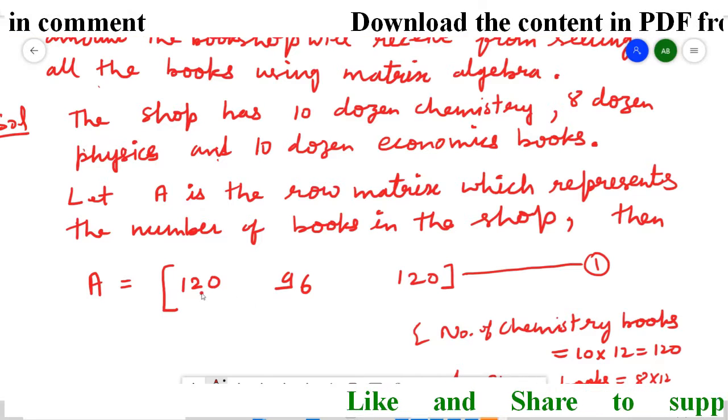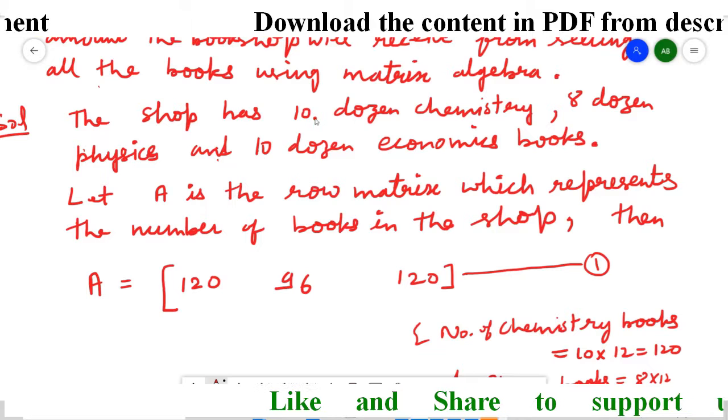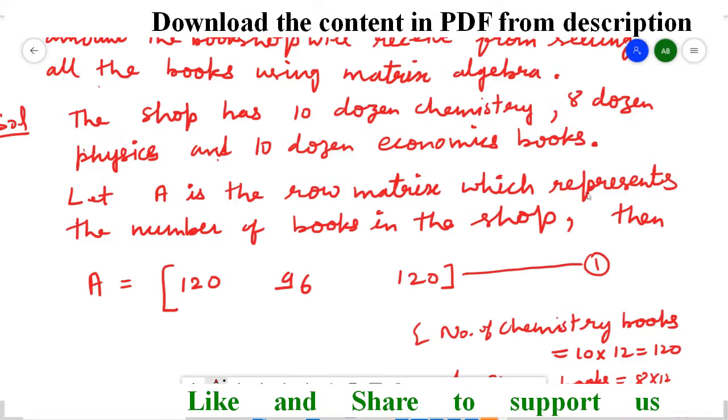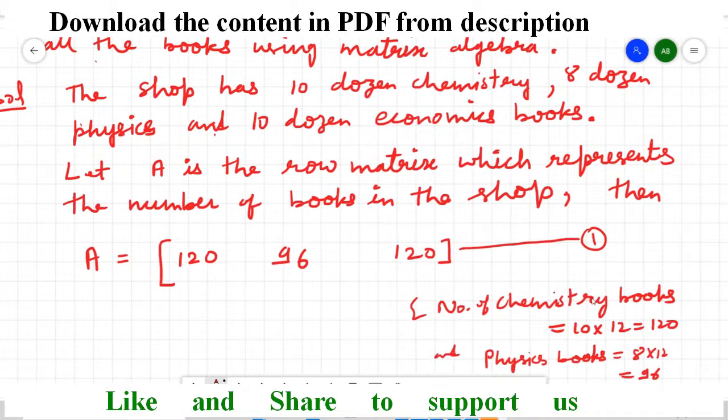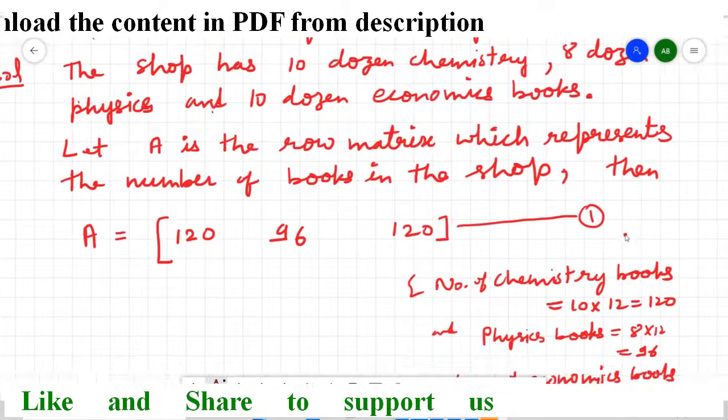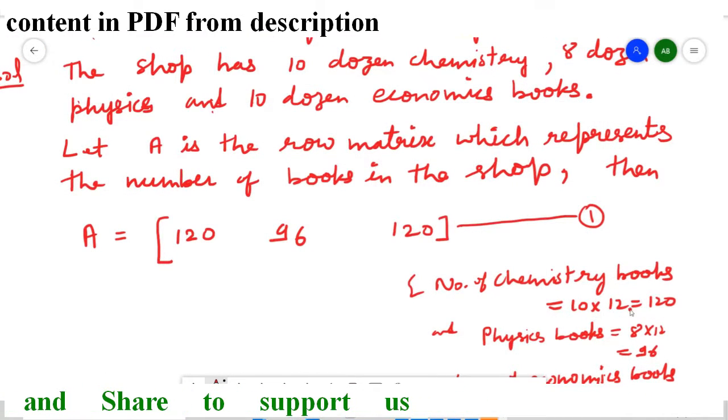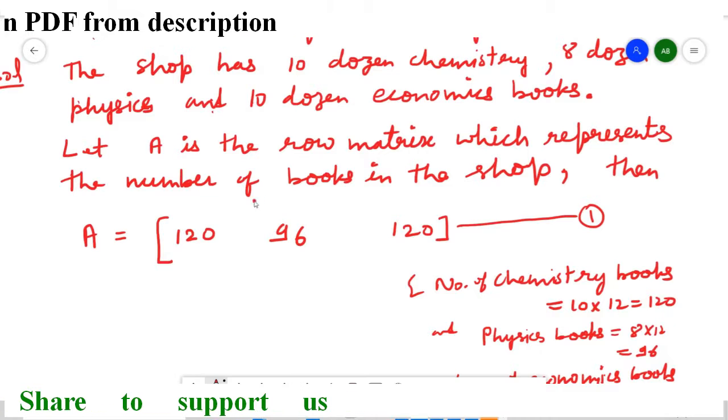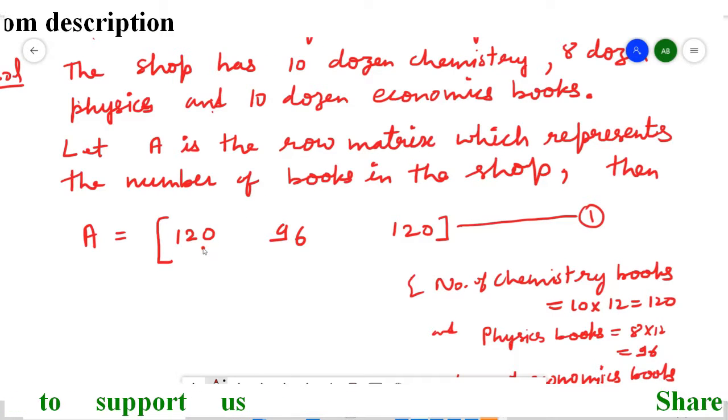Now why are the entries 120? Because 10 dozen chemistry books are there, we have to convert the dozen into the simple number of books. So 10 dozen multiplied by 12 is going to be 120 books. That's why the number of chemistry books is 120.